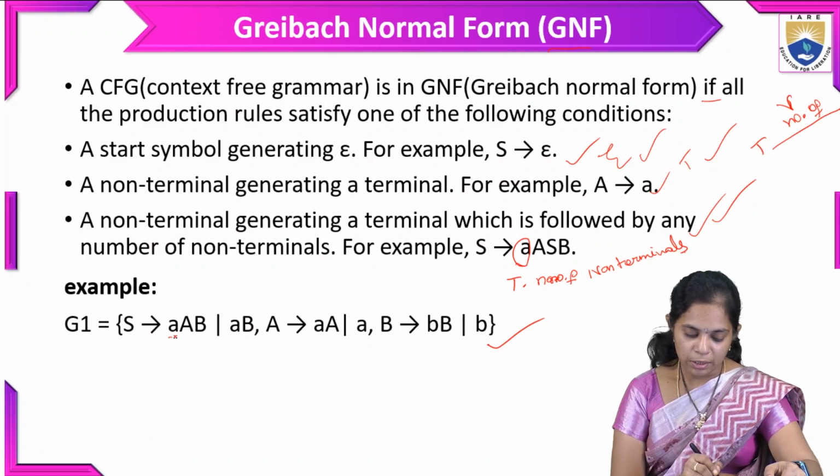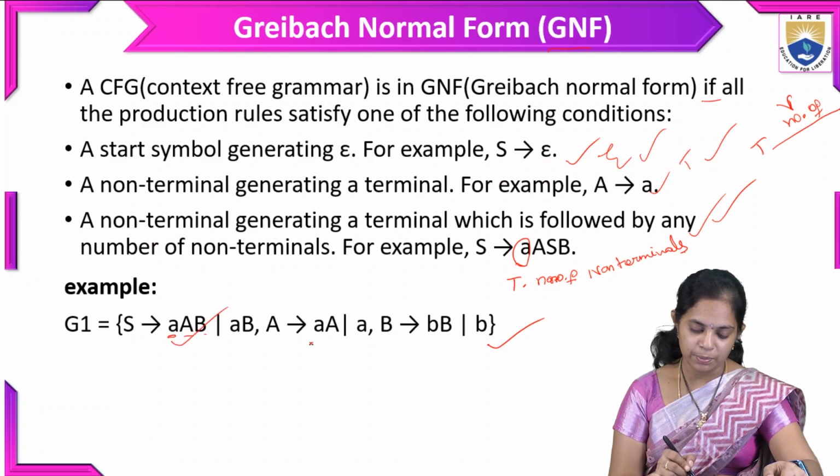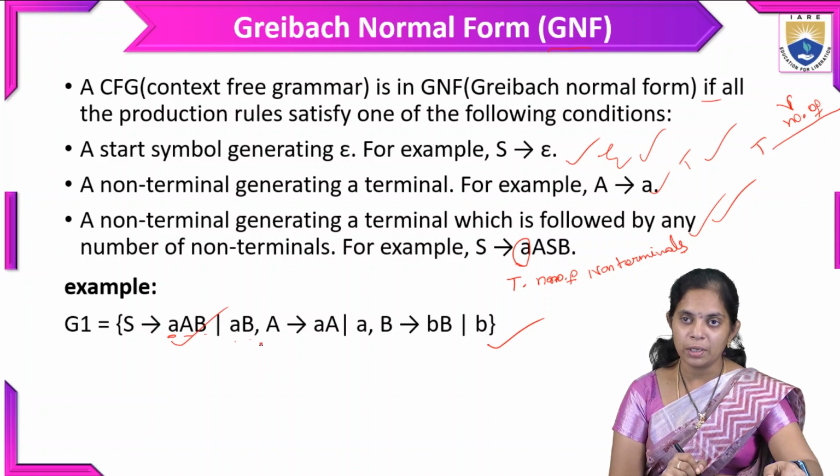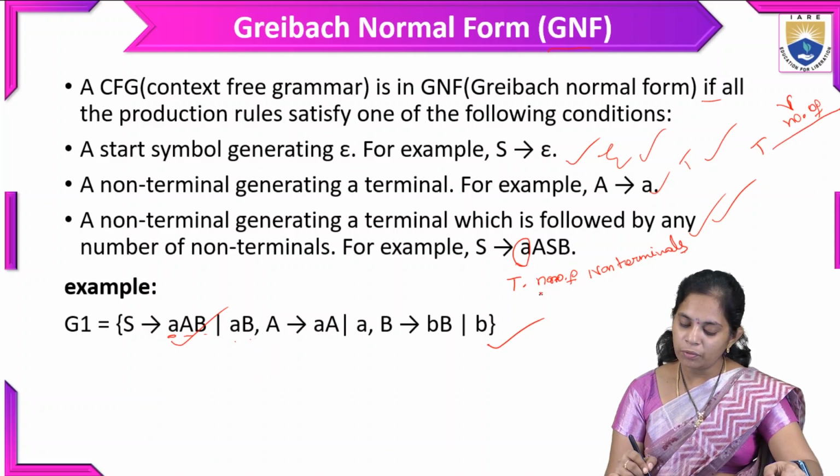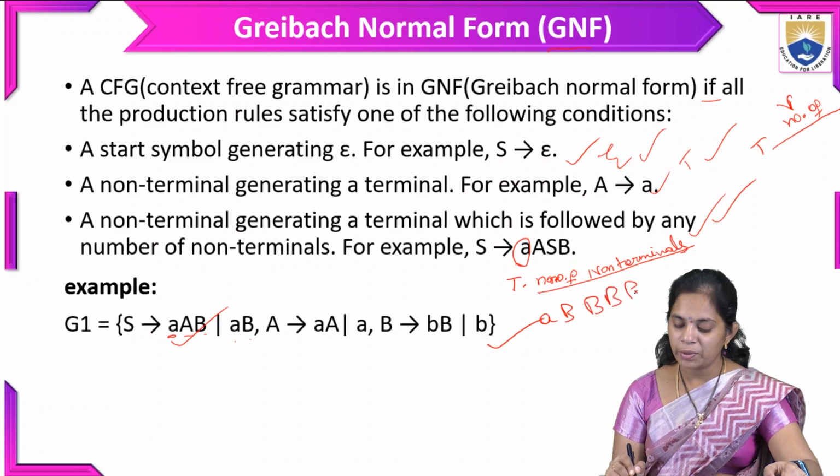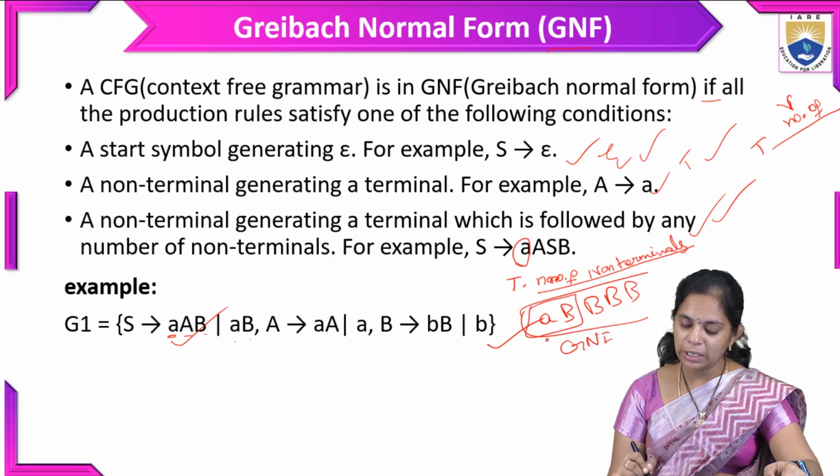So here a terminal followed by 2 non-terminals is accepted, and a terminal which is followed by 1 non-terminal. So here what it says, the terminal A is followed by either single or double or triple, however many there are, we need to accept as GNF. Suppose here only AB is there, so this is also acceptable.